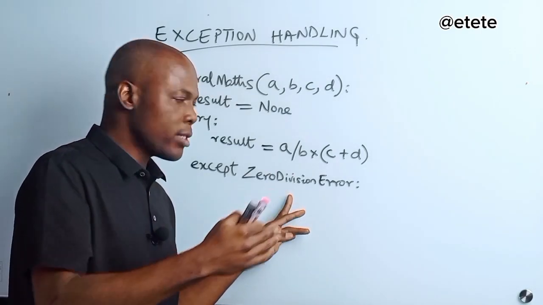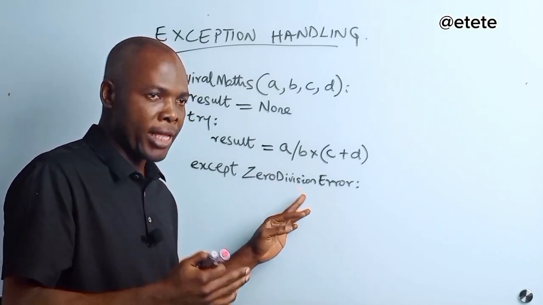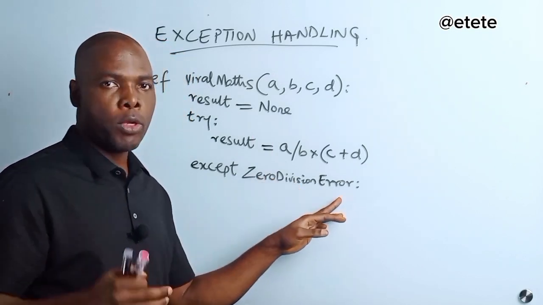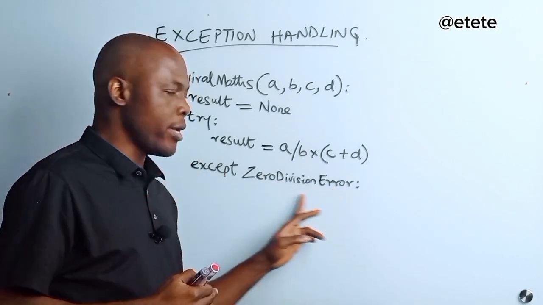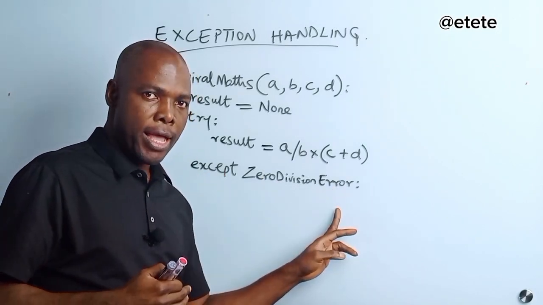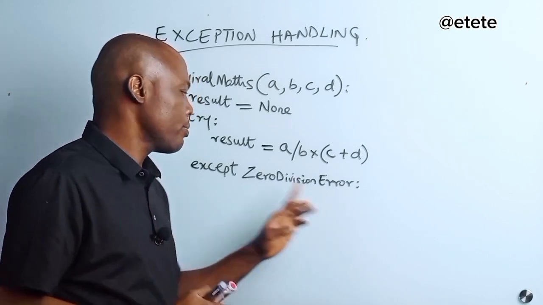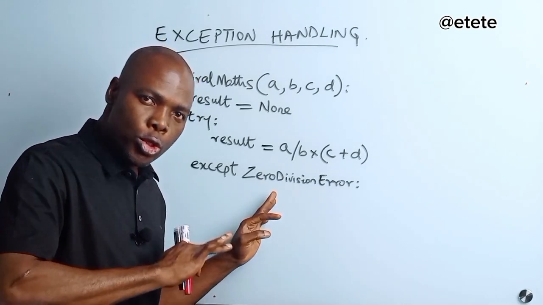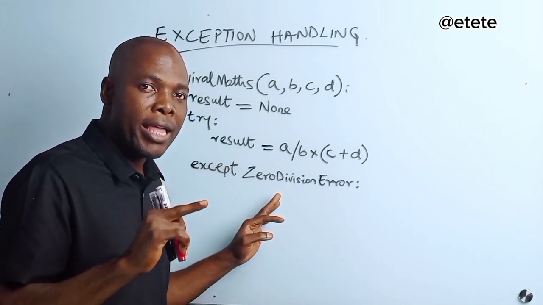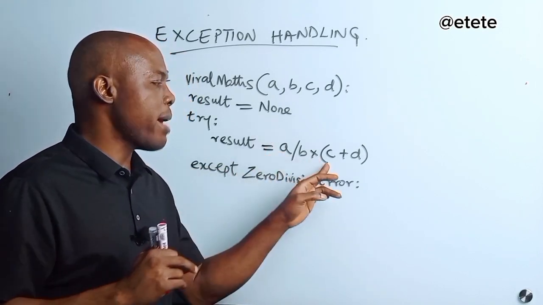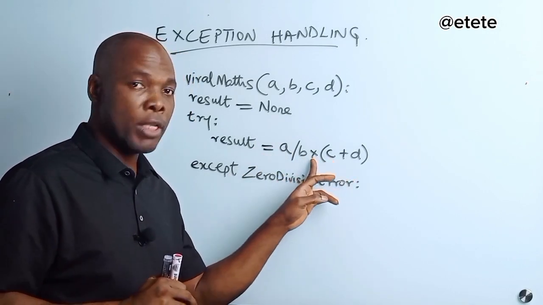At a later class, I'm going to show you how to create your own error class. So this ZeroDivisionError, because the last class you saw it, that Python raised this error, ZeroDivisionError, as the runtime error, right? When you were going to divide by zero. So I am saying, should there be a time that somebody is going to supply a parameter that will cause my calculation to give you zero as the denominator, right?